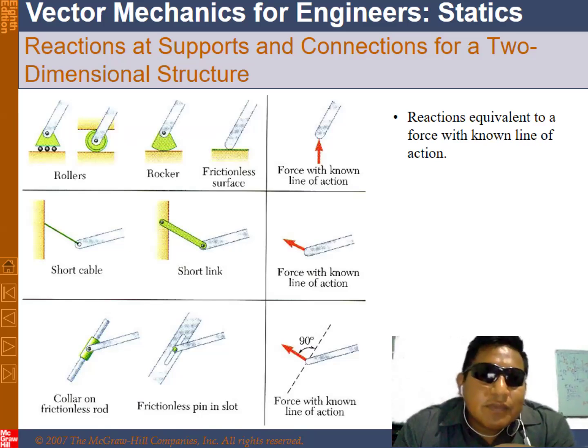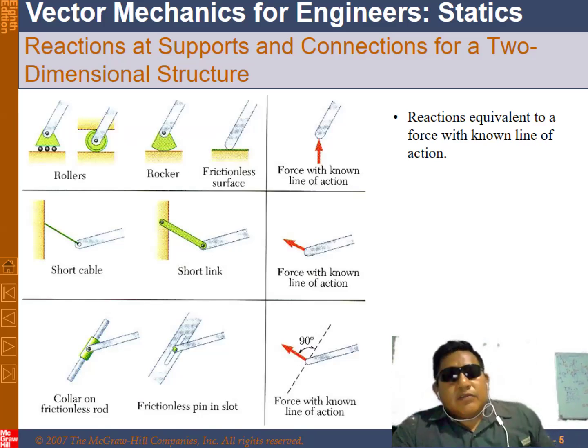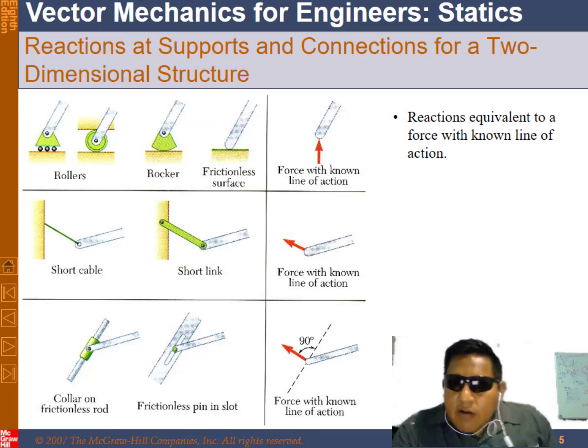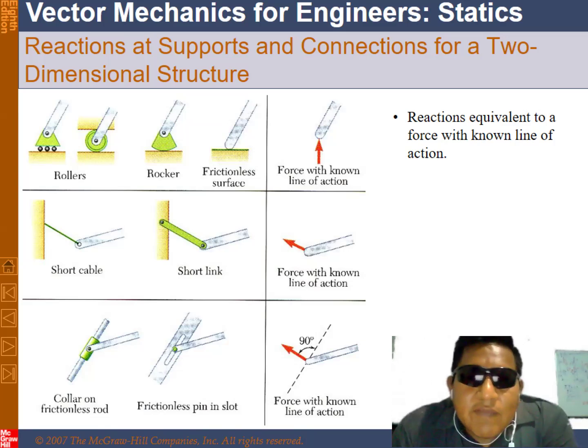And in this case, it's very important because with a frictionless surface, it depends on the pavement and the mass. It depends on the floor. In this case, you can represent the force as a single point reaction force with a line of reaction.